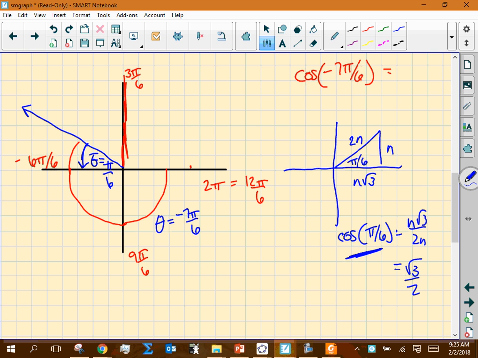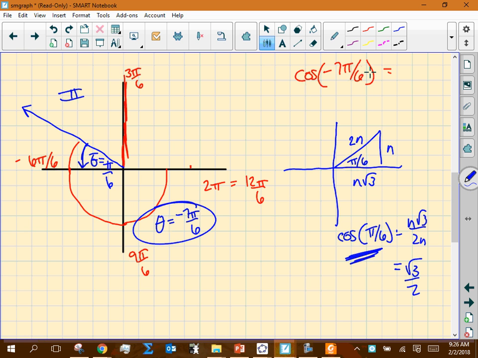So everything that I learned about that angle right there, of pi over 6, tells me the exact same thing I need to learn about this angle right here of negative 7 pi over 6. Except for, what value is the cosine in quadrant 2? Okay, cosine would be negative, right?